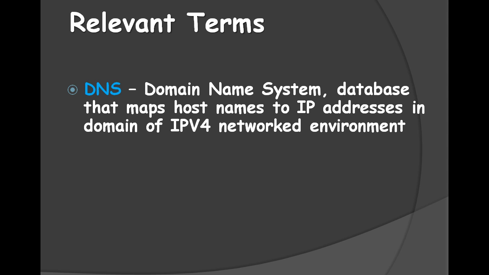So the easier thing for us is to remember a name, a word, because of how we communicate. It's easier to remember a name as opposed to a numeric IP address.